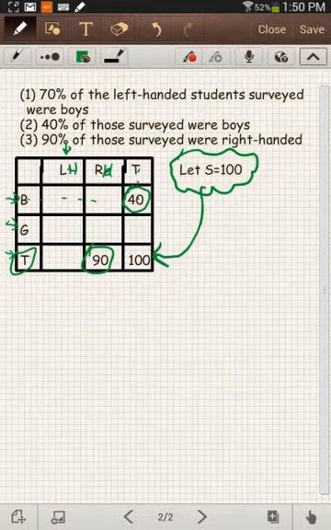The table helps us to see the relationships among the data values more clearly. Immediately we could see that the number of girls is 60 and the number of lefties is 10.